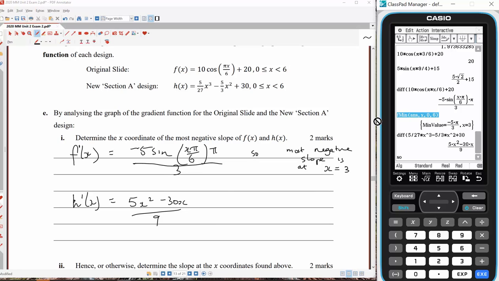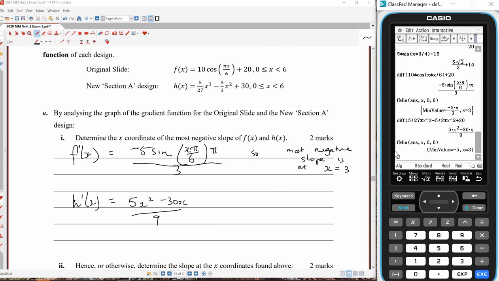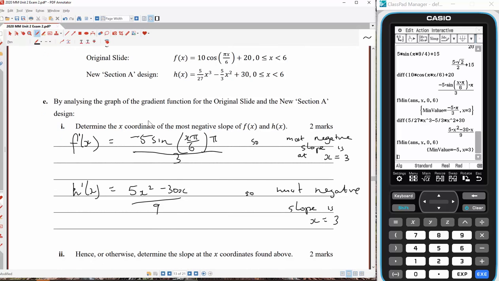And we'll do exactly the same thing for that. So f min. Okay, so most negative slope is also at x equal 3. Right, so basically both of these have their most negative gradient, or the biggest negative slope, at x equals 3.